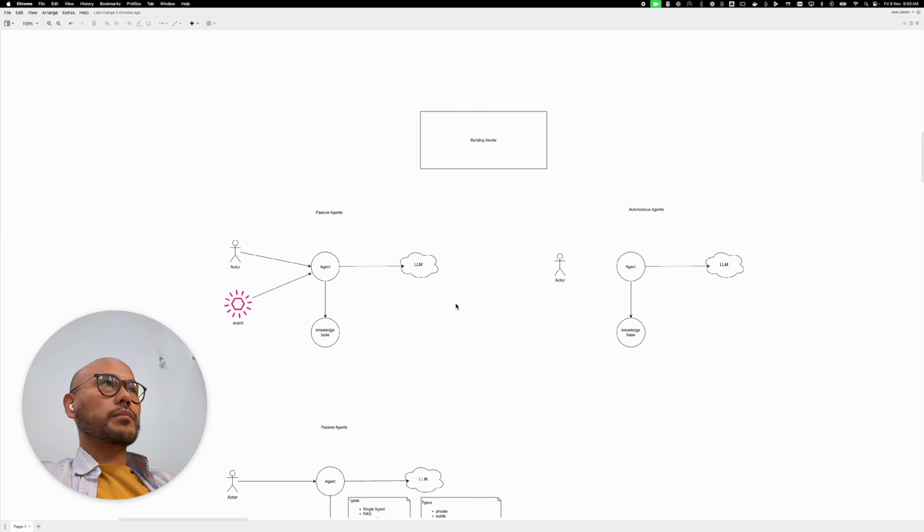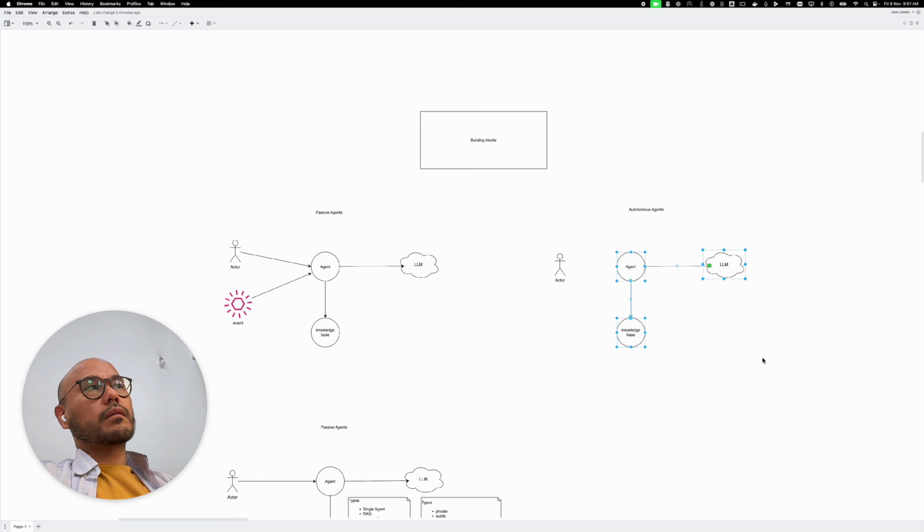So these are the building blocks to create agents, and I split it in two main parts here. We have what I called passive agents, and then we have the autonomous agent. The main difference here is that, as you can see, there is not an arrow between the actor and the human which is interacting with the agent. So the AI engine will work autonomously.